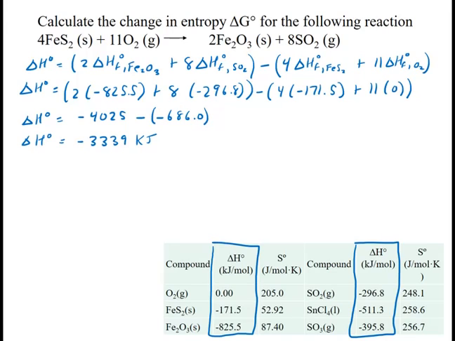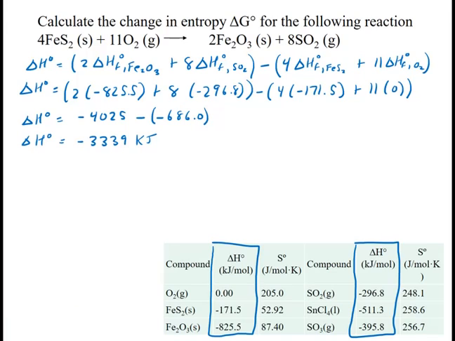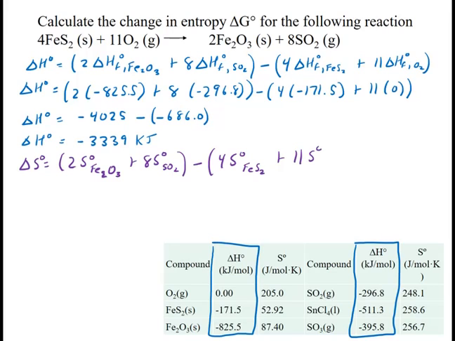All right. Now I'm going to do the same thing to calculate the delta S. So my delta S naught is going to be 2 times S naught for the iron 3 oxide, Fe2O3, plus 8 times S naught for the SO2, minus 4 times the S naught for the iron 4 sulfide, plus 11 times S naught of the oxygen molecule.